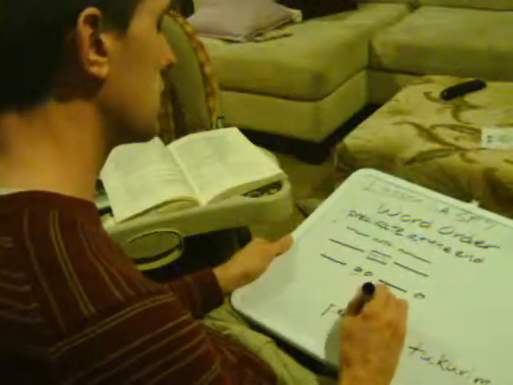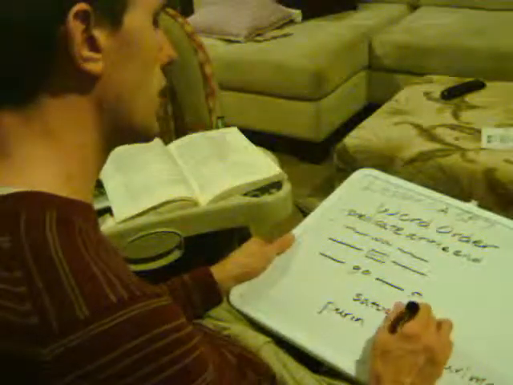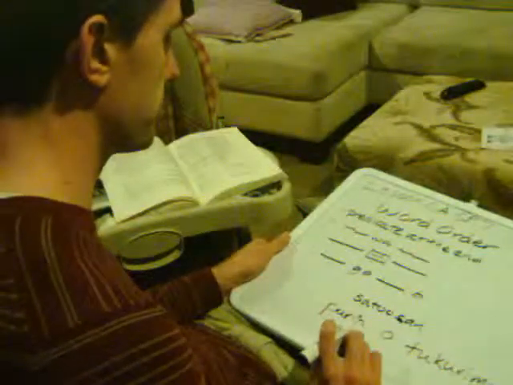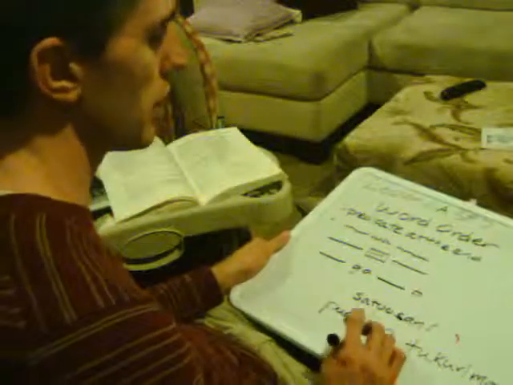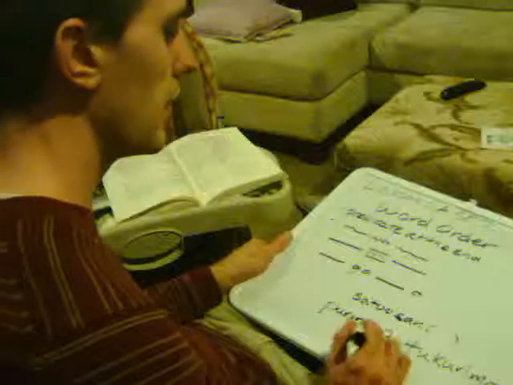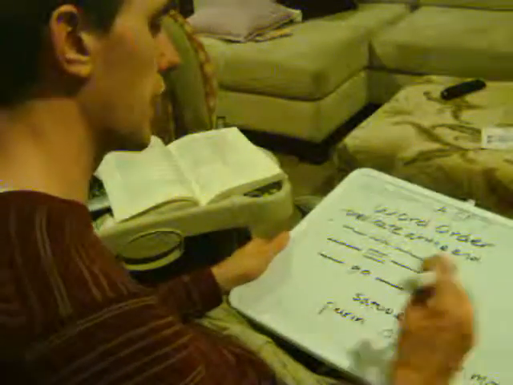So Sato-san プリンを作りました. Okay. Now we could use another particle here to connect Sato-san with this phrase, right? And here we could use wa or ga, and that would be fine.